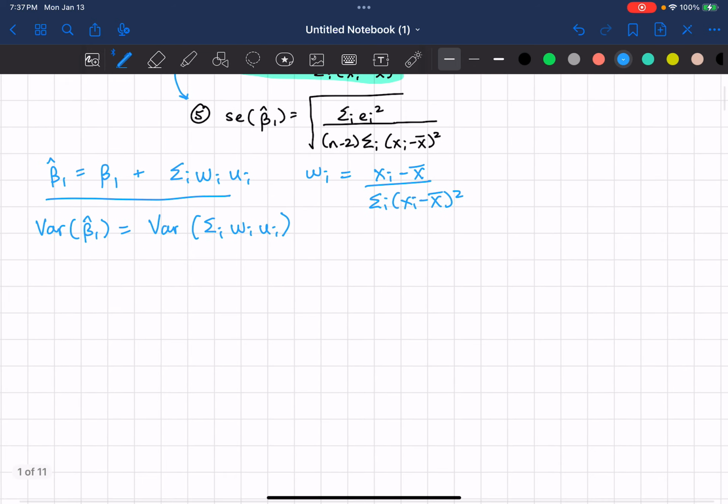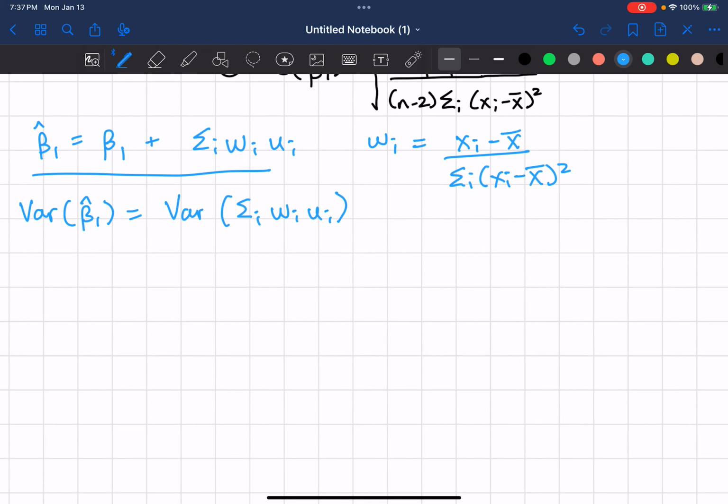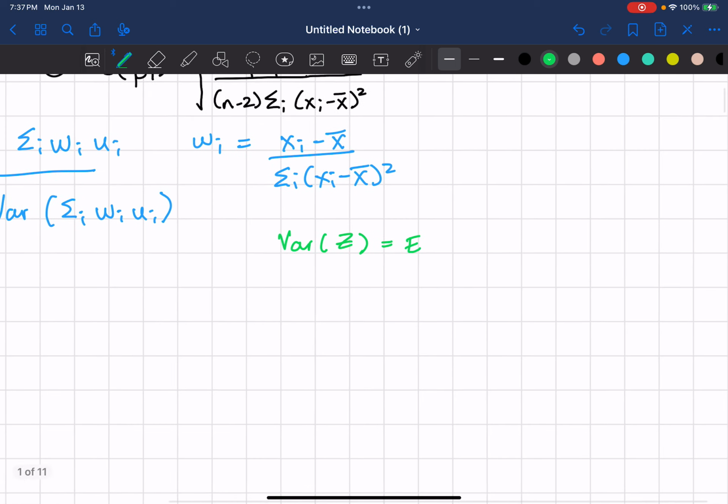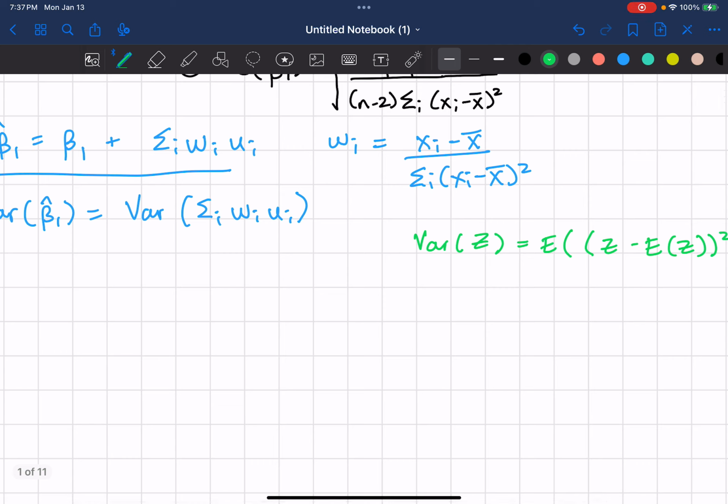And then recall the definition of variance: the variance of a random variable z is the expectation. It says on average, how much does z deviate from its mean? So it's the expectation of z minus the average of z, and then we square it to get rid of negatives. That's the variance of z. So we're just going to apply that definition here.